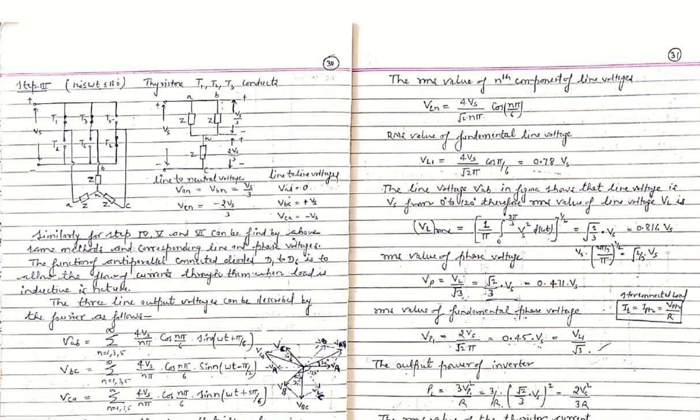Or we can simply apply the formula 1 upon pi, integral from 0 to 2 pi by 3, that is the 120 degree duration, of Vs squared, because we want to calculate the RMS, so square, and then take the power 1 by 2. Then it will be root 2 by 3 into Vs, which is equal to 0.816 Vs.